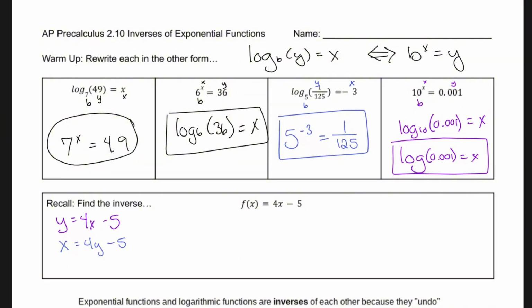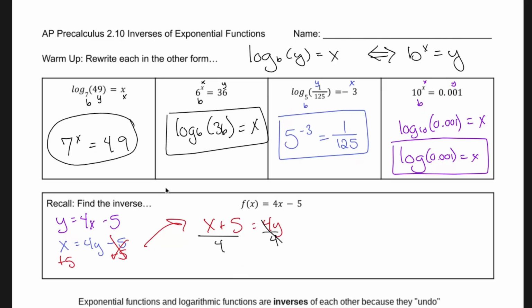We're going to solve for the new y. So let's add 5, cross you out. X plus 5 doesn't simplify, so x plus 5 equals 4y. Let's divide everything by 4. X plus 5.